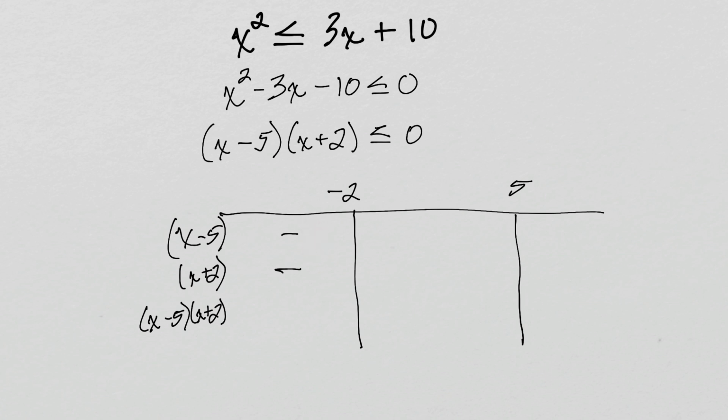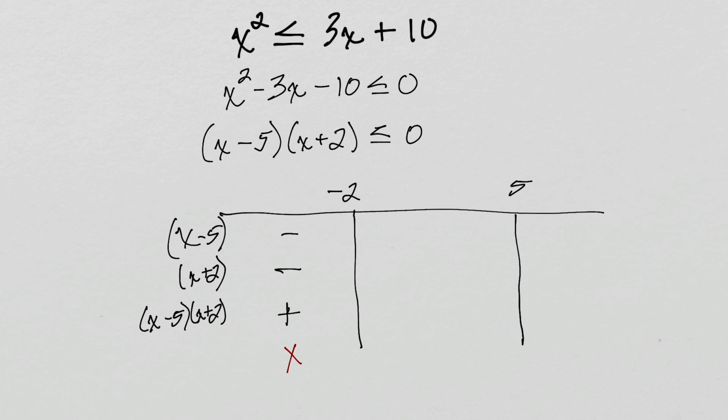And when I multiply negative times negative, that gives me a positive. So I am not going to be less than or equal to 0 here. So this is not a solution, right? This I can't use. I'm going to put a red X there.